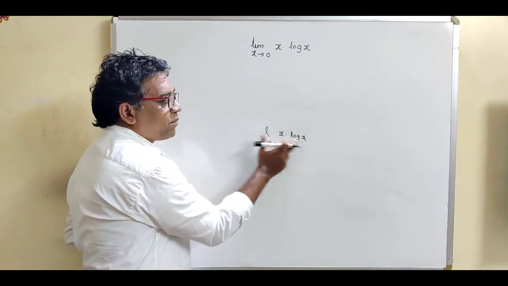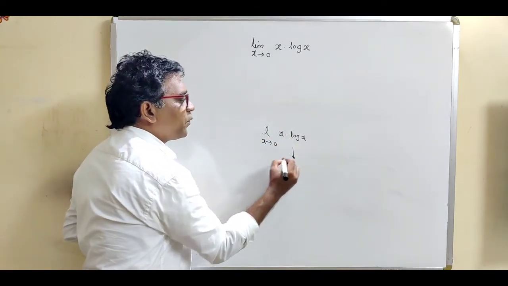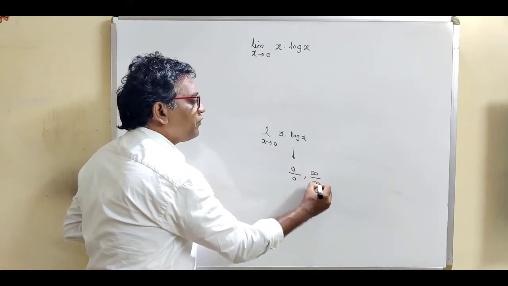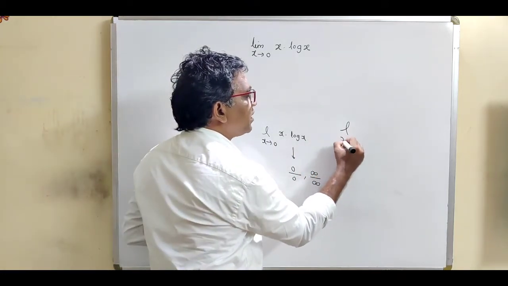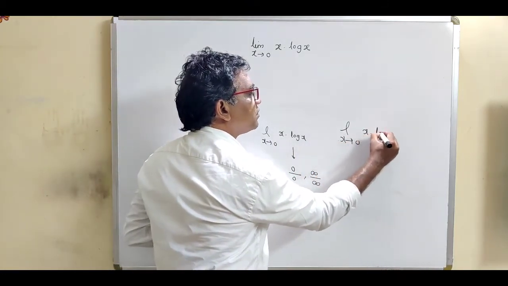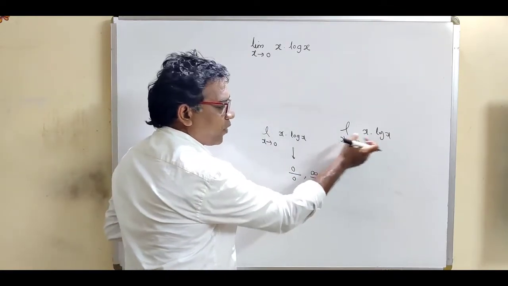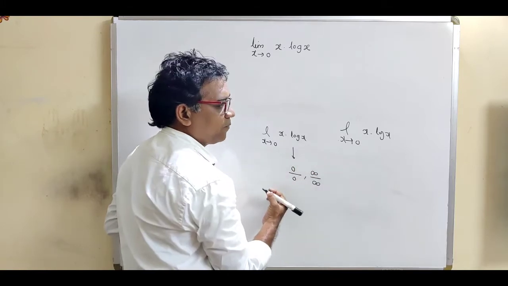If the limit form contains a product, then we have to convert this form anyhow either into 0 by 0 or infinity upon infinity. This is the process. If the limit form contains a product, what is the method? Anyhow convert this product in terms of 0 by 0 or infinity upon infinity.